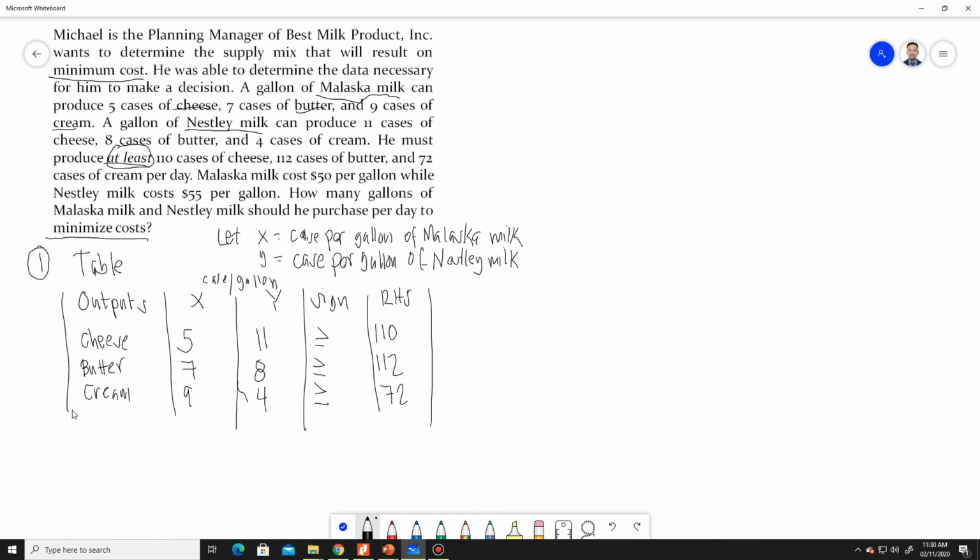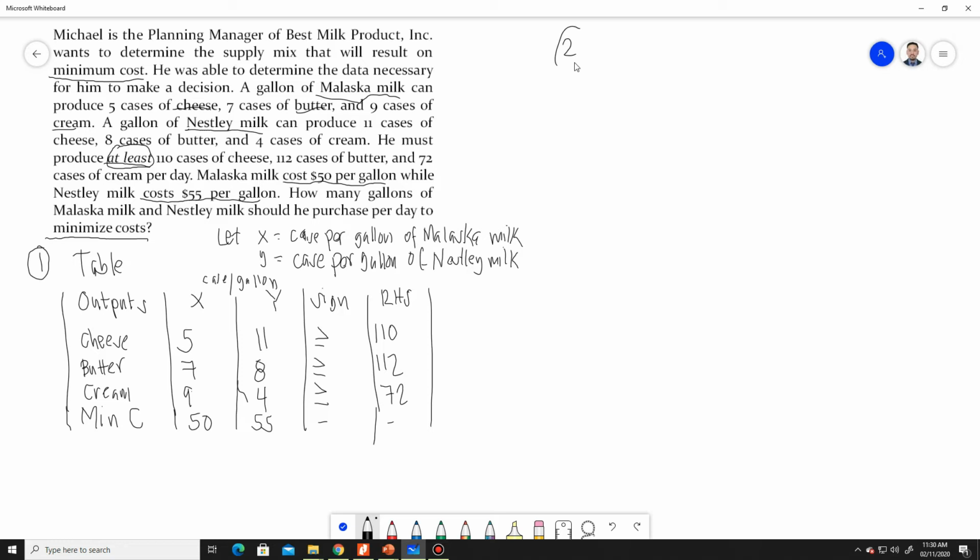And then for our objective function, this is minimization, so we put min and C for cost. Alaska milk costs $50 per gallon, while Nestle milk costs $55 per gallon. Okay, that is table 1.